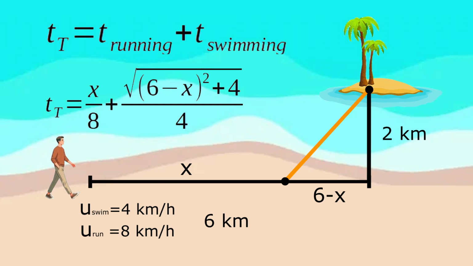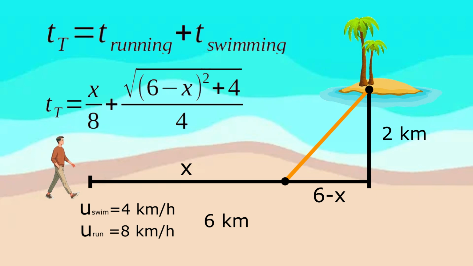So we're going to have to minimize this travel time. So how are we going to do this? Through calculus. You take the derivative of this function with respect to x, and you equate it to 0.